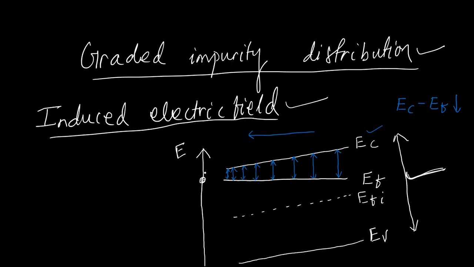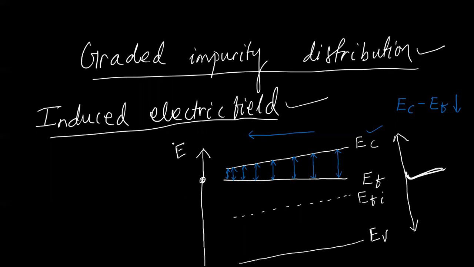The conduction band accordingly varies with respect to the Fermi energy level. The intrinsic Fermi energy level also varies with respect to the Fermi energy level, and the valence band also varies with respect to the Fermi energy level. Here the Fermi energy level is considered to be the reference and constant in thermal equilibrium as long as no external excitation is given to the semiconductor. So I think you can understand it this way.